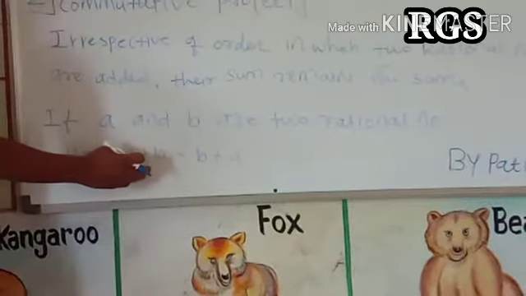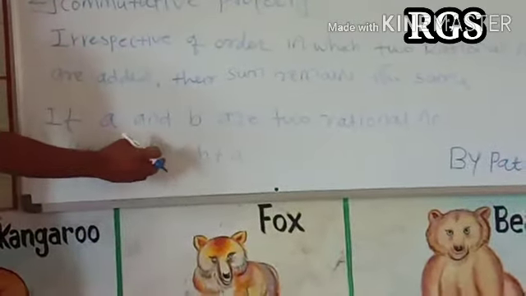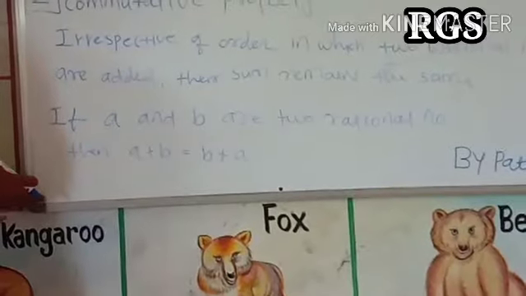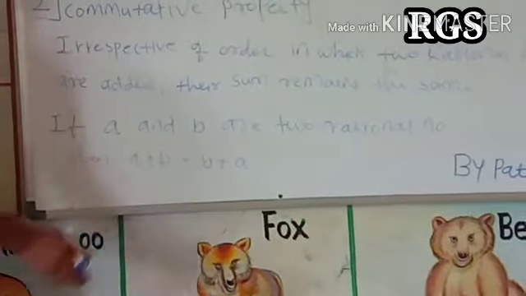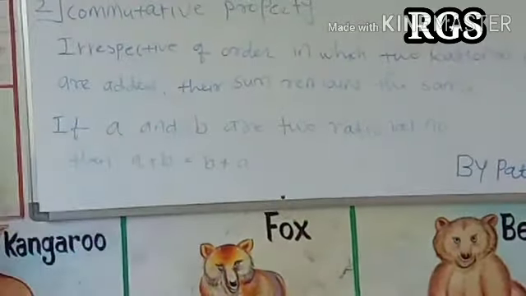If A plus B is equal to B plus A, when we get this solution, it means that it is the commutative property. It shows the commutative property of addition.